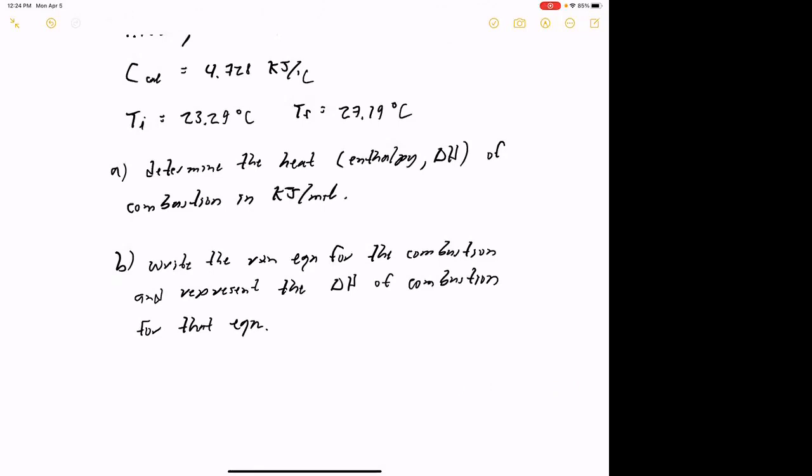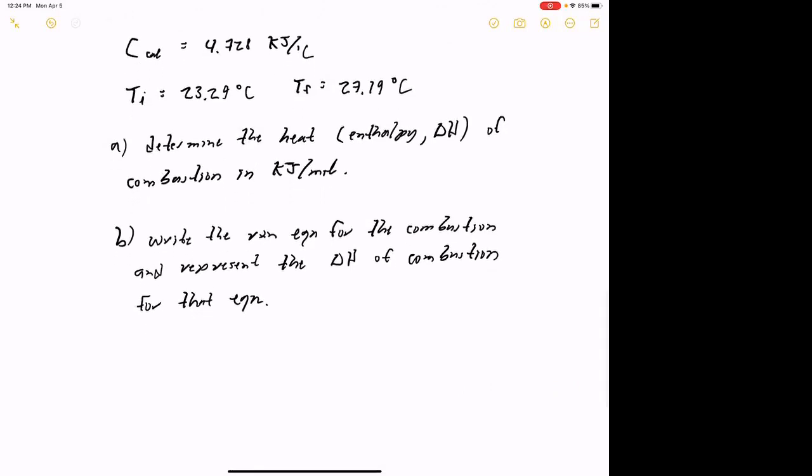So again, I can kind of go back to my original equation, where I can say that Q for the calorimeter, that's the heat absorbed by the calorimeter, is equal to the big C, that's my calorimeter constant or heat capacity of my calorimeter, times the delta T that the calorimeter assembly undergoes. Okay, so this is going to let me actually calculate a magnitude of heat. And I've got everything I need because I've got the C cal for my calorimeter and I've got a delta T. So that gets me to a magnitude of heat absorbed by the calorimeter.